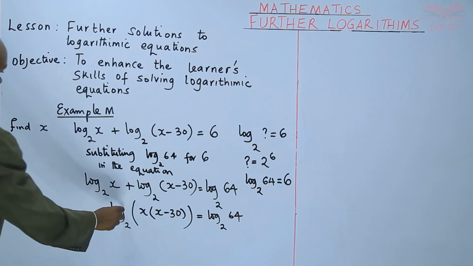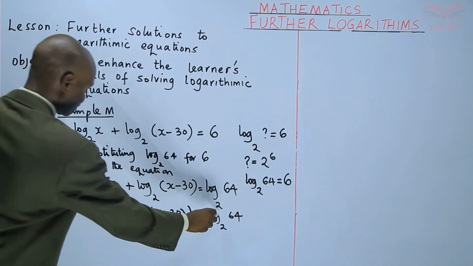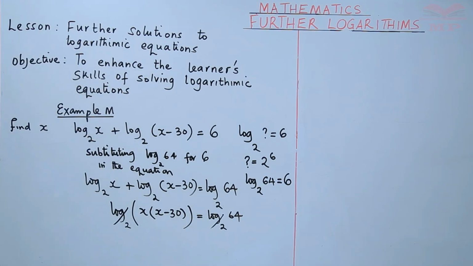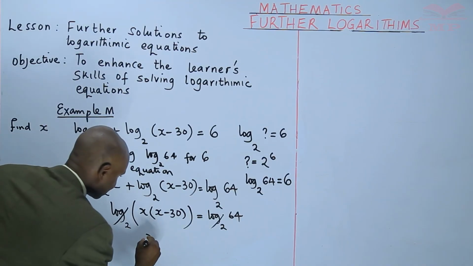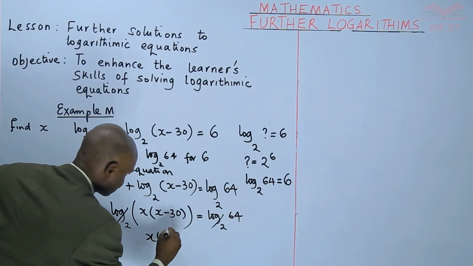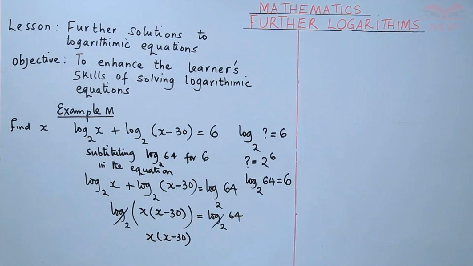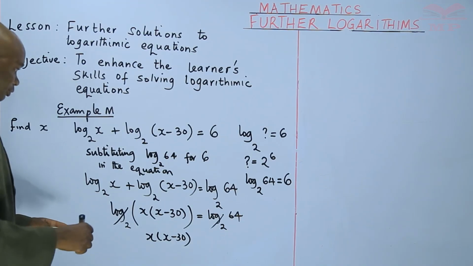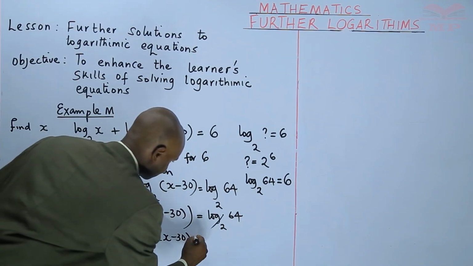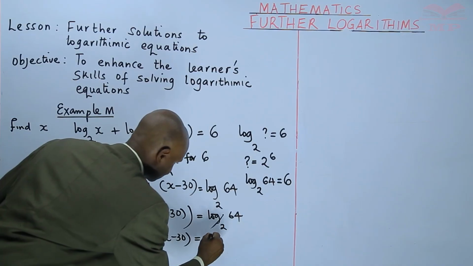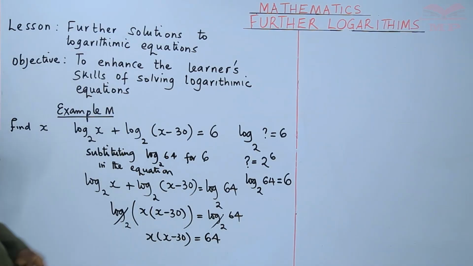Log base 2 is common, so you can do away with that log and you remain with the equation x into (x minus 30), which will give you 64.